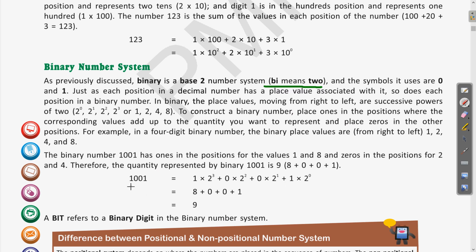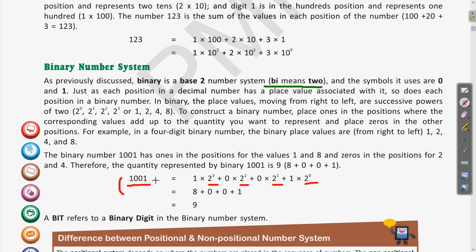Here we have taken a number 1001. If you want to write this 1001 in terms of powers of 2, you can see I have multiplied each of these digits with the increasing power of 2. So it is 2 to the power 0, then 2 to the power 1, 2 to the power 2, and 2 to the power 3. Clear?